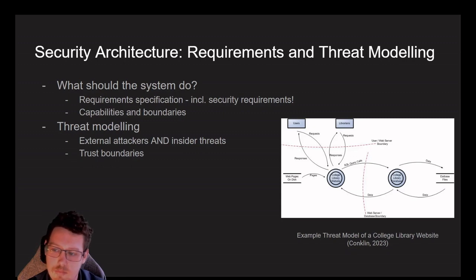The input might have special characters in it that get interpreted as code or commands, and we don't want that to happen. So we need to design the system in a way that any data that crosses trust boundaries has been inspected, so that there's nothing in there that's going to make our application do things that we don't want it to do.